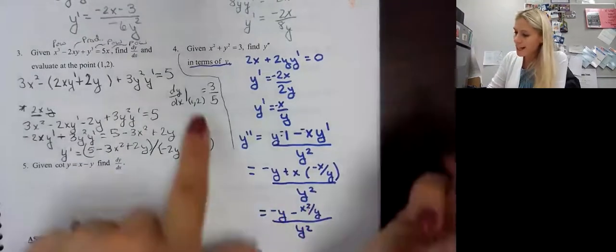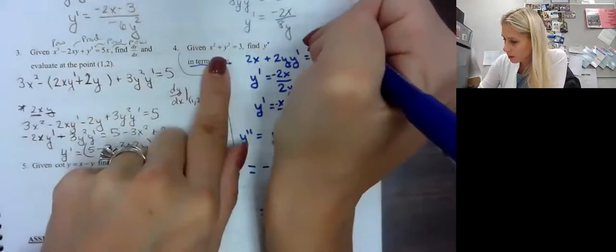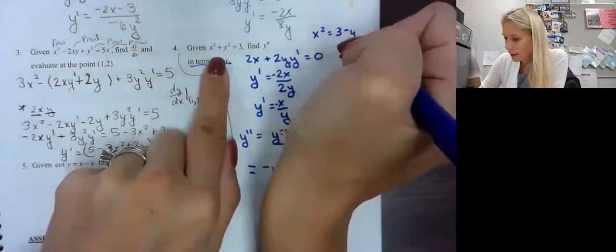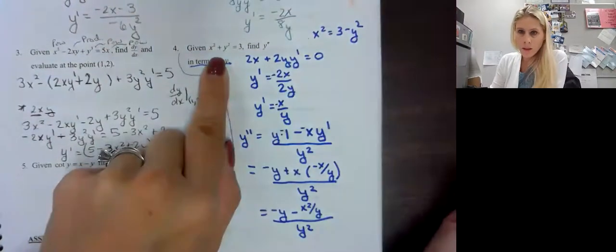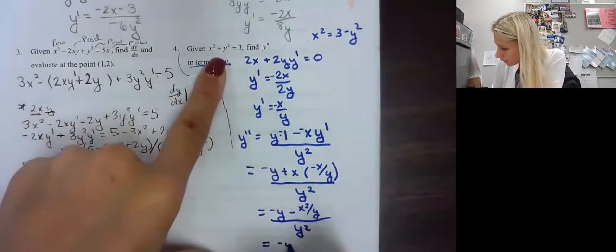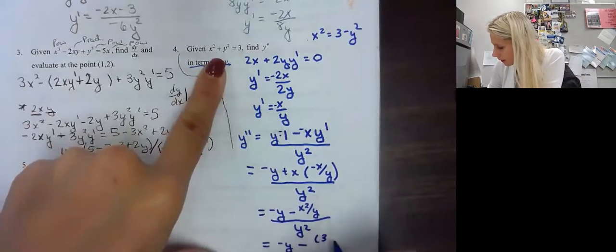We can find x squared in terms of y up here, because x squared would equal 3 minus y squared. You guys see that? Okay, so now I can replace that in there and say negative y minus, and this would be 3 minus y squared all over y, and all of this over y squared.